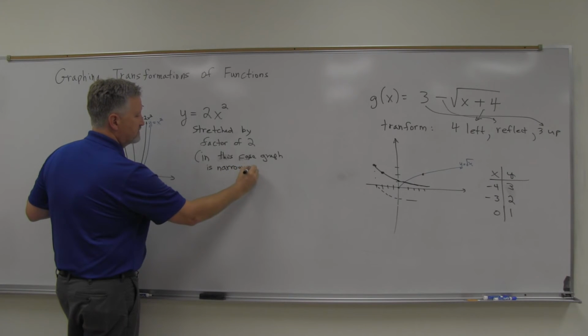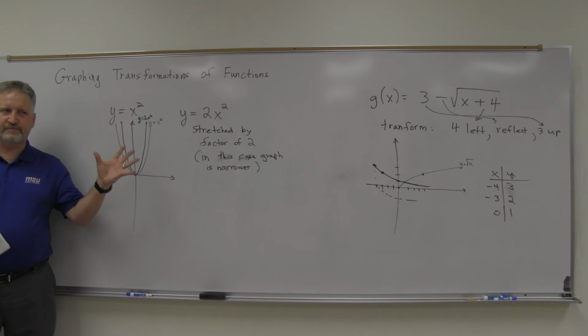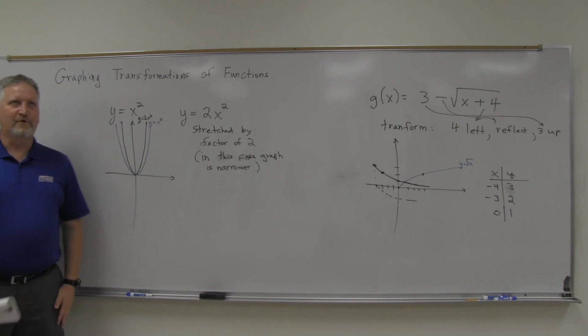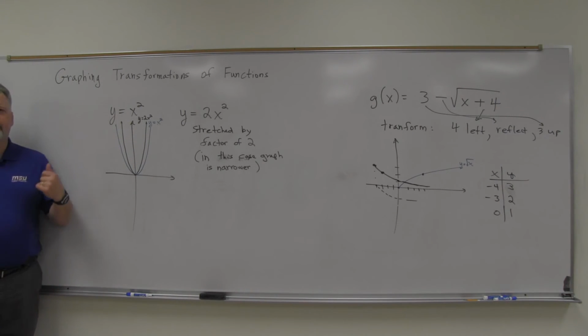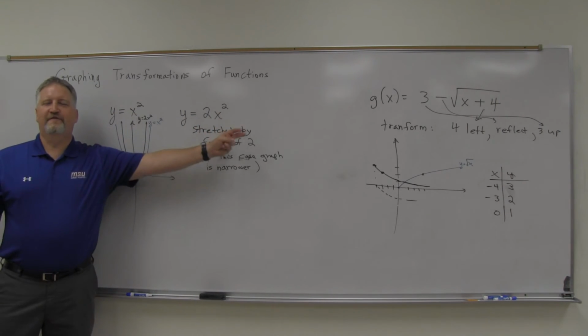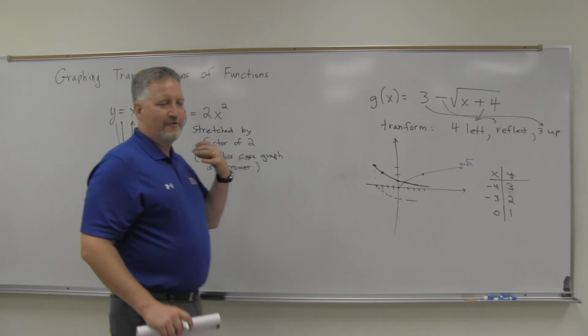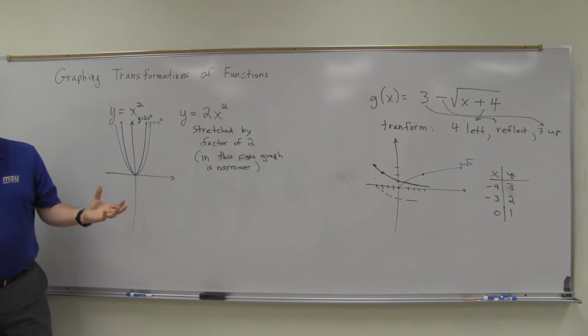Like I said, you couldn't always describe it as being narrower, just in this particular case. In other cases it won't be narrower, but I'll show you in a second. All right, stretched by a factor. So a number multiplied in front stretches it by whatever factor it is. So if it's 3, it's going to stretch it by a factor of 3.